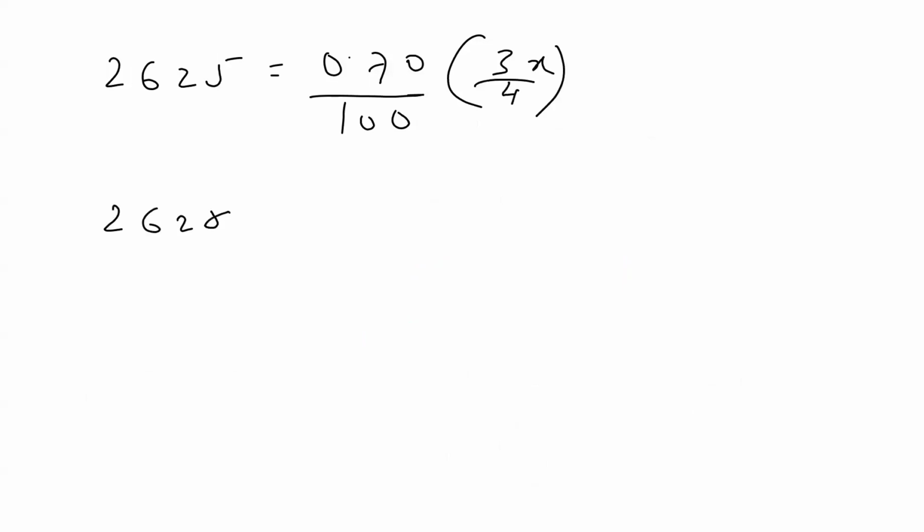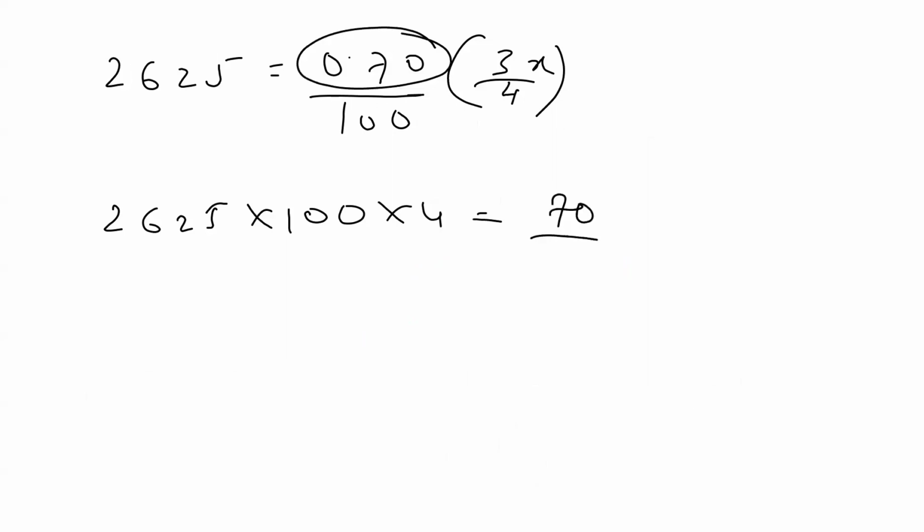So 2625 into 100 into 4 is equal to this. I'll write it as 70 upon 100 into 3x. See what I did is I cross multiplied on the left hand side.